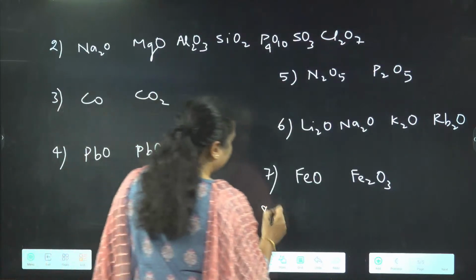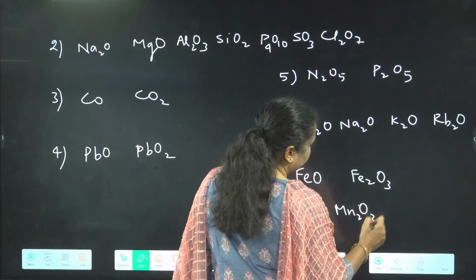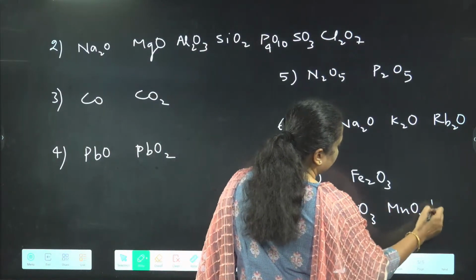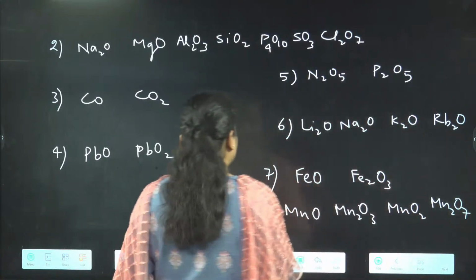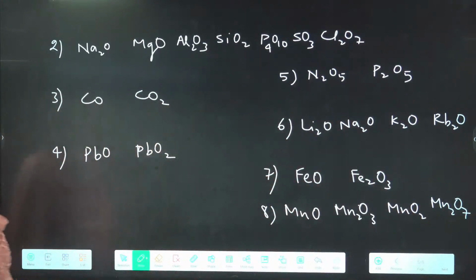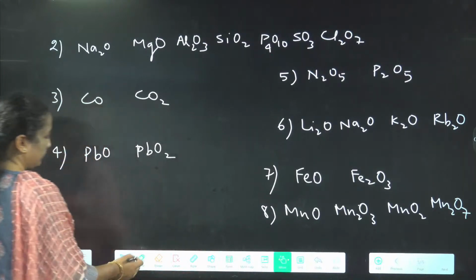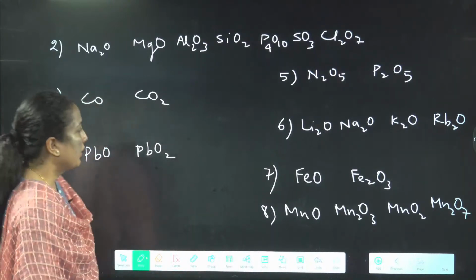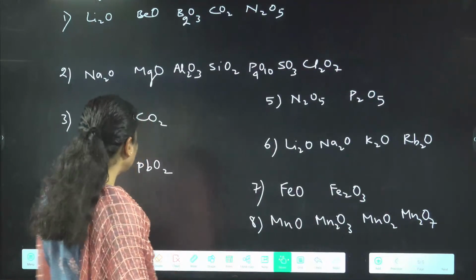Then you can have MnO, Mn2O3, MnO2, Mn2O7. Okay, do these questions, then we'll discuss them. As such, they are simple questions only.